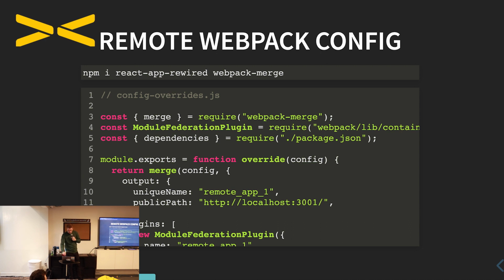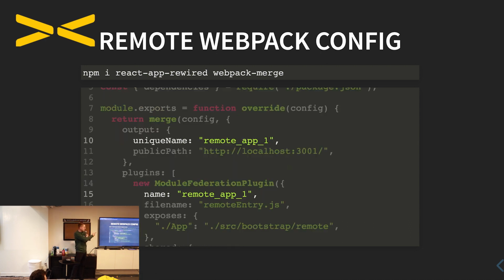So the first thing we want to do, right? We've got to name this thing. And you might be thinking, oh, okay, that's easy. But this name is going to be important later because it's what Webpack uses to refer to this in the future. So by using this name and making it unique across all of our microfrontends, we'll be able to uniquely identify this remote.